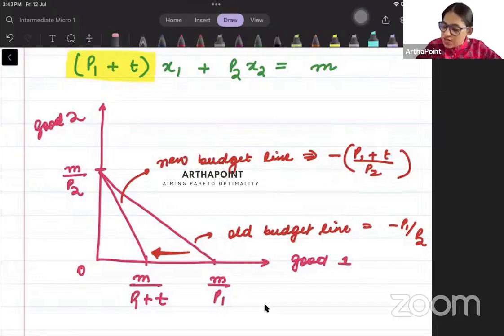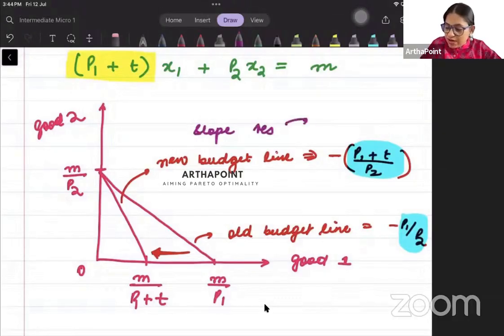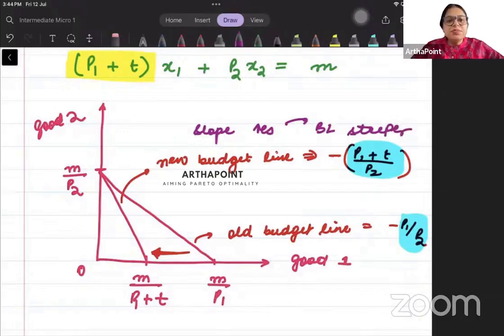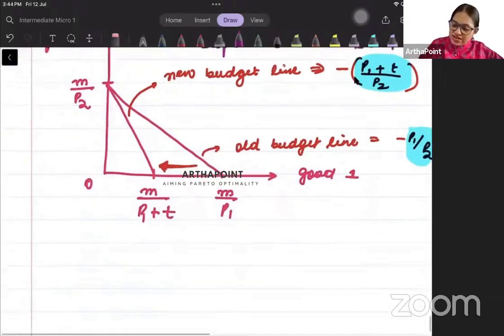In absolute sense, देखो numerator बढ़ रहा है, numerator is increasing, in absolute terms, not with the negative sign. So in absolute sense, slope has increased. Beta, we have studied when slope increases, budget line becomes steeper. So what has happened to the budget line? It has become steeper. Clear? Clear hai?